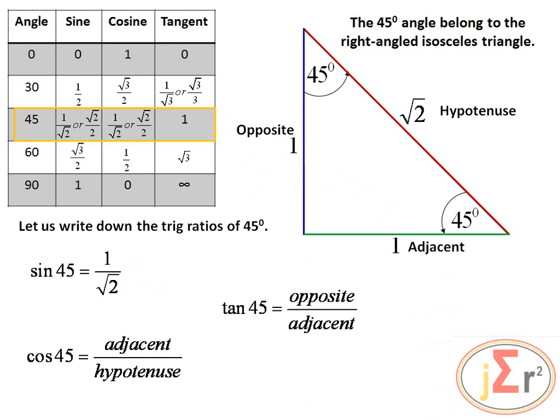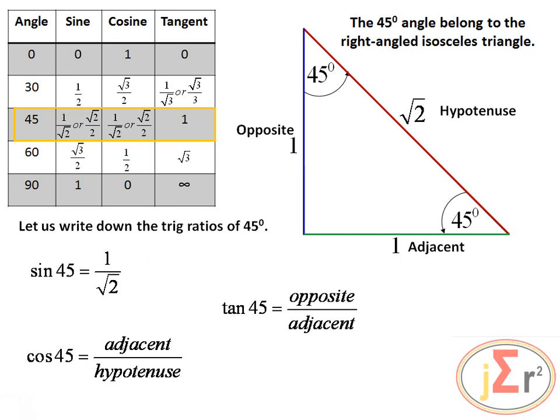First one is opposite over hypotenuse. It doesn't matter, say this one. Opposite is 1. Hypotenuse is square root of 2. 1 over the square root of 2. That's all there is to it. And that is what we have right here. 1 over the square root of 2. And the cosine is the same, because we have adjacent over hypotenuse.